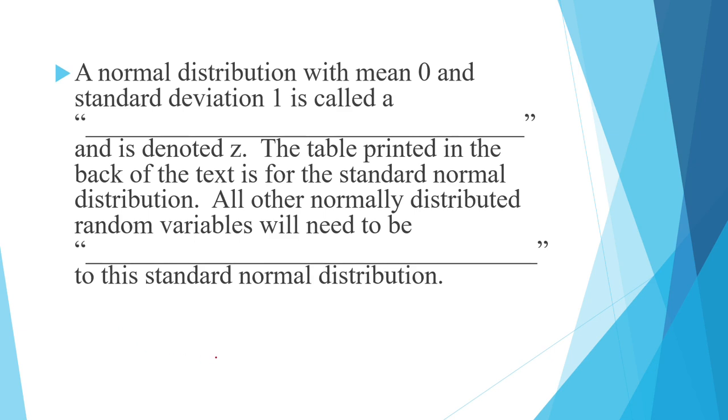A normal distribution with mean of 0 and standard deviation 1 is called a standard normal distribution and is denoted with the letter Z. The table printed in the back of the text is for standard normal distribution.